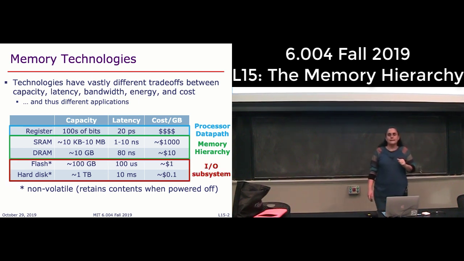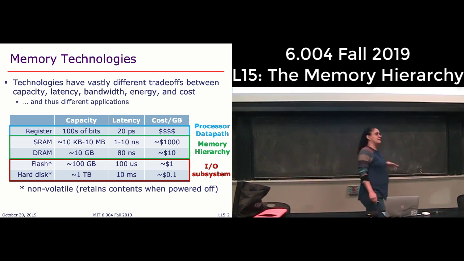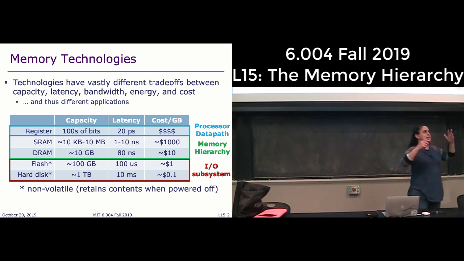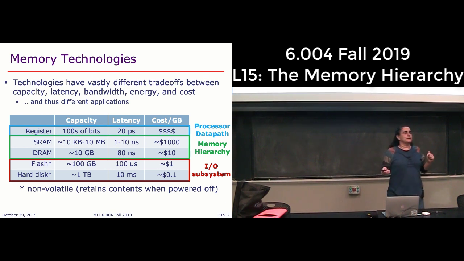And finally we have our flash and our hard disk. This is all of your secondary storage, data that you don't need to access very frequently. We call this the I/O subsystem, which we're going to learn about next week.